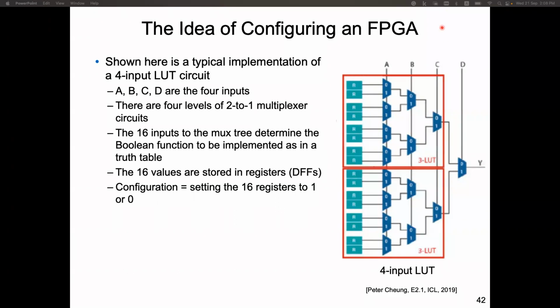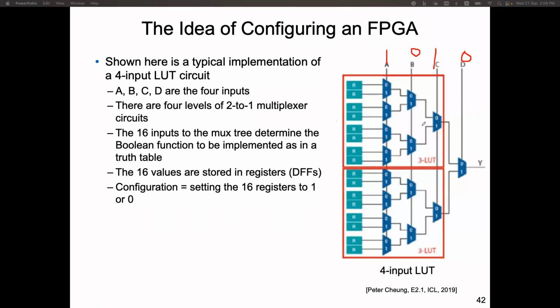Now here we have another level of multiplexer. In each input of the last multiplexer, we have another multiplexer. And in each input of this multiplexer, we have another multiplexer. The decoding is like this. Let's say the input is 1 0 1 0.